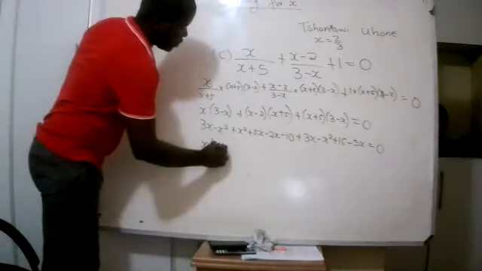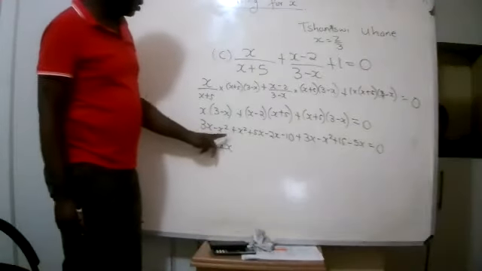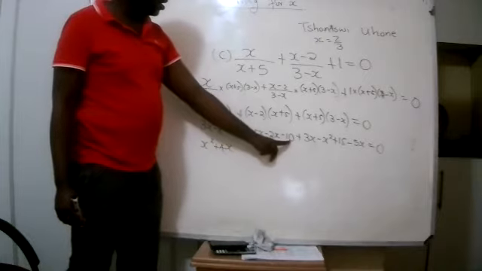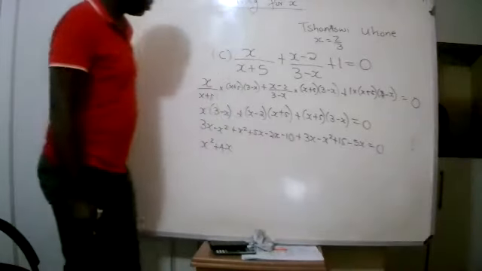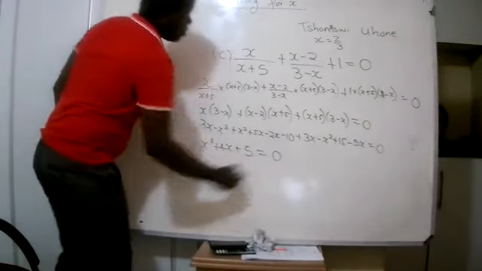So we have positive 4x there. Then the constants: we have negative 10, we add it with 15, and then we'll get plus 5. And this must be equal to 0.